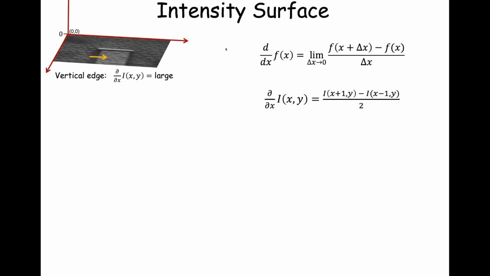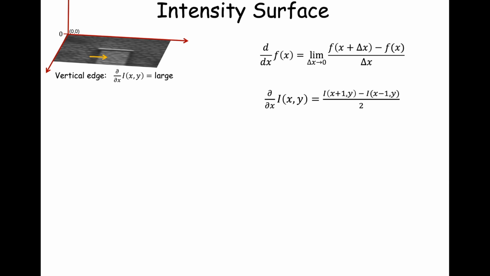Now let's look at our image. We have our next location, I of x plus 1, and we're going to subtract from that the previous location. When we go across the image in pixels, we're going some number of hops away.